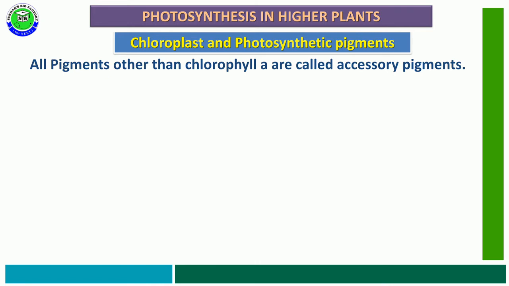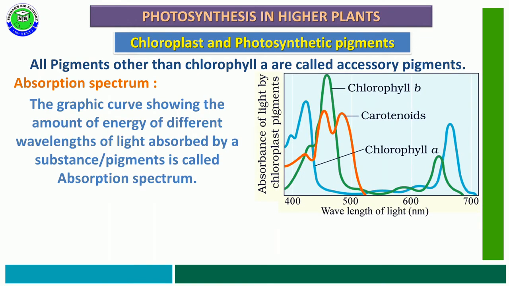So all pigments present in the leaf except chlorophyll A, like chlorophyll B, carotenoids, and xanthophylls, these three pigments are called accessory pigments. Now, the absorption spectrum of chlorophyll pigments.